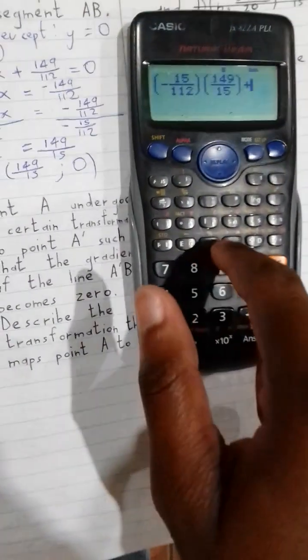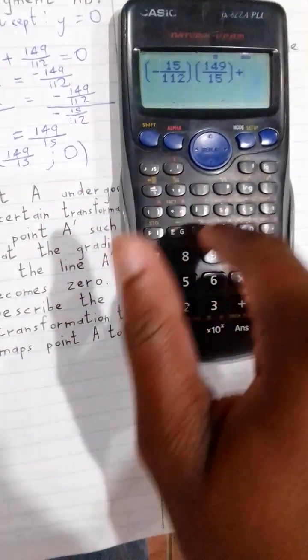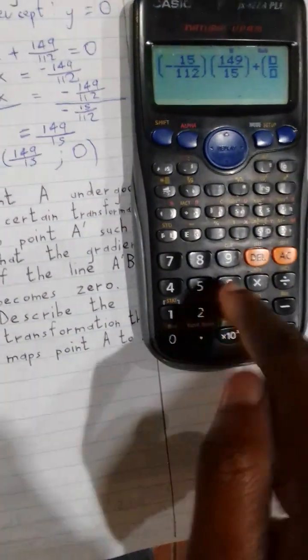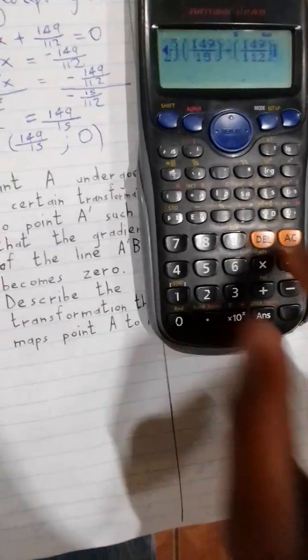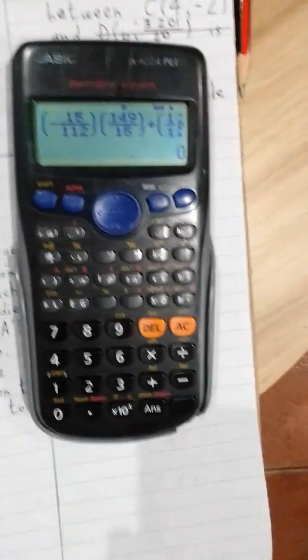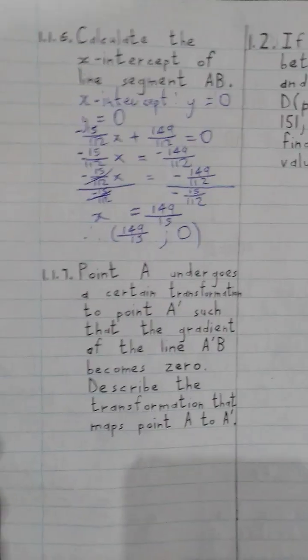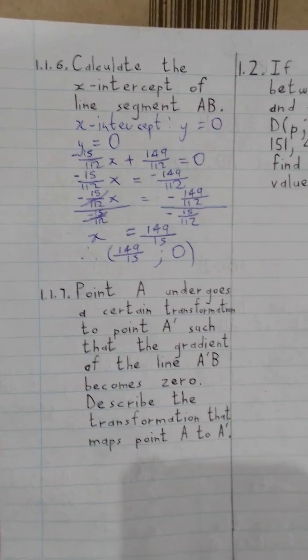Plus c is 149 over 112. So it is 0, right? So that means we are correct in our calculations. Okay, I hope that is clear and I hope that makes sense.